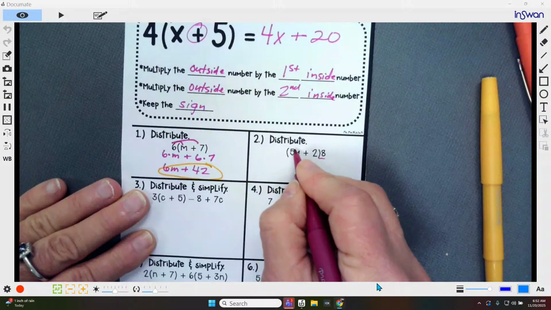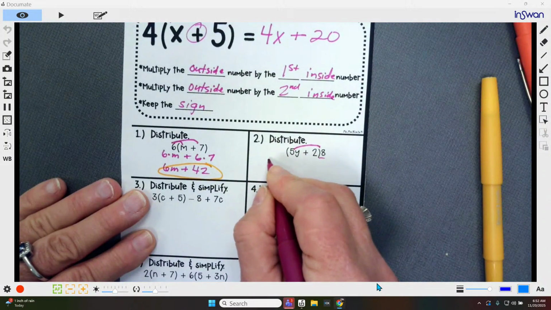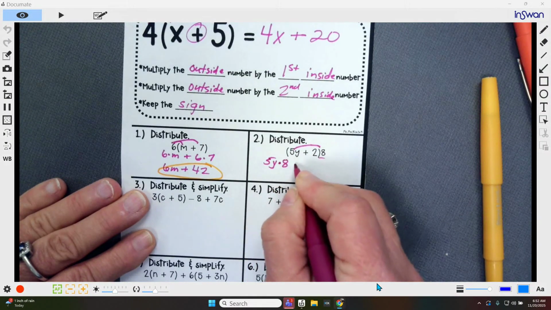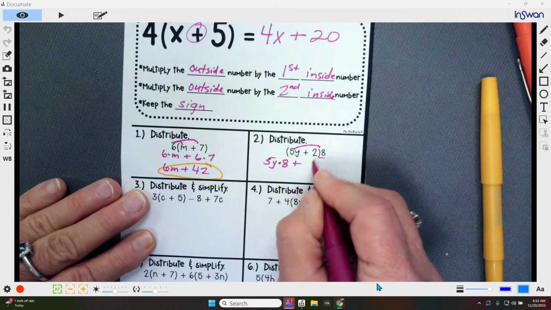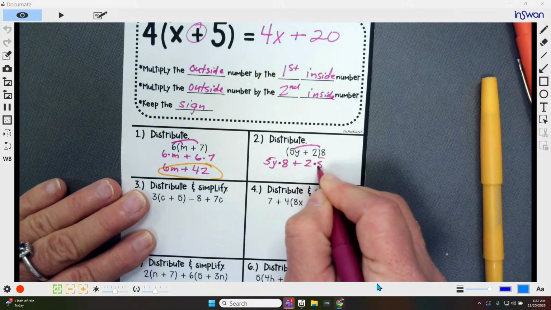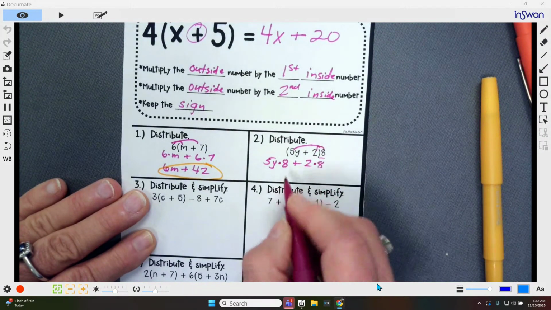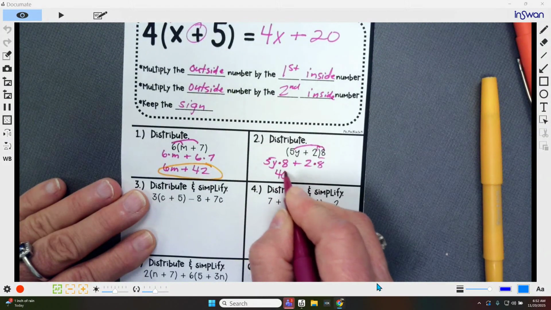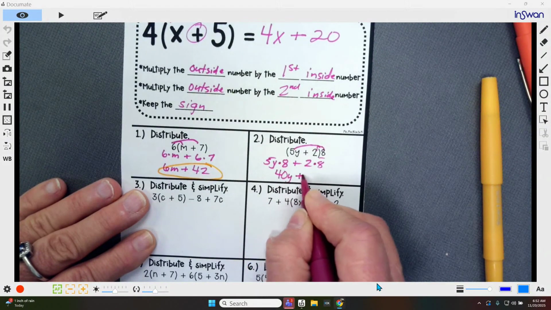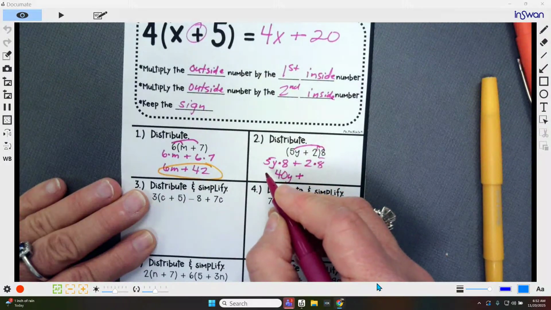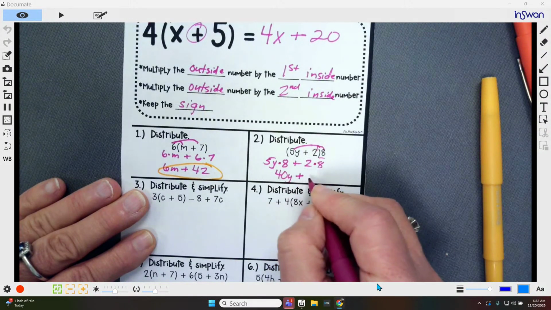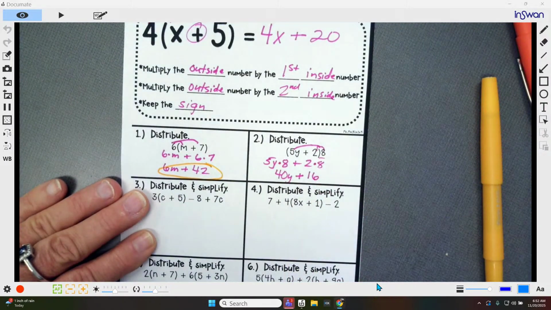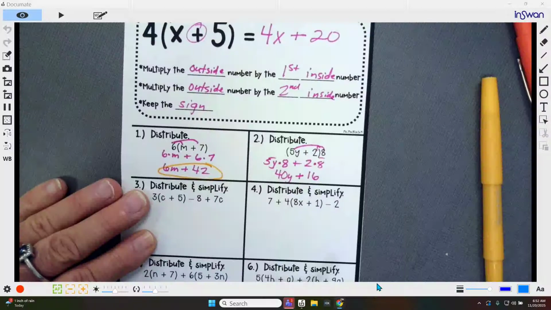So for the first term, I'm going to do 5y times 8, plus 2 times 8 for the second one. 5 times 8 is 40, so that would be 40y, bring down the sign, plus 2 times 8 is 16, so that would be 40y plus 16 for your final answer.